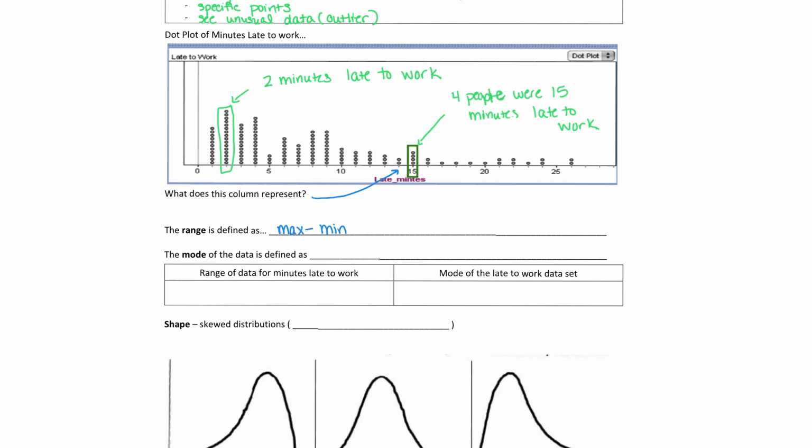So I can see here's my maximum of 26 minutes late, and my minimum is 1 minute. So here's my minimum. So therefore my range for this data set would be 26 minus 1, which is 25.